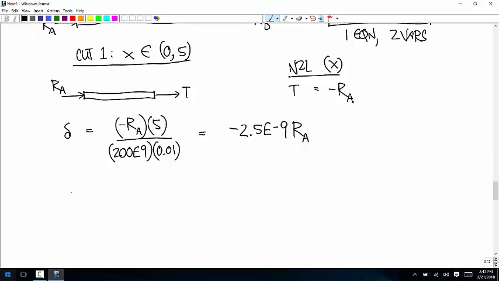And now we're going to figure out the elongation due to the change in temperature. So that's equal to the coefficient of thermal expansion times the length times the change in temperature, which in this case is negative 60. And what do you get for that?